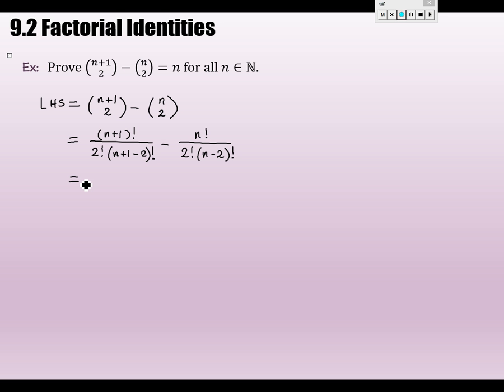Use the definition of combinations for each of those. Do you know what n choose r is?